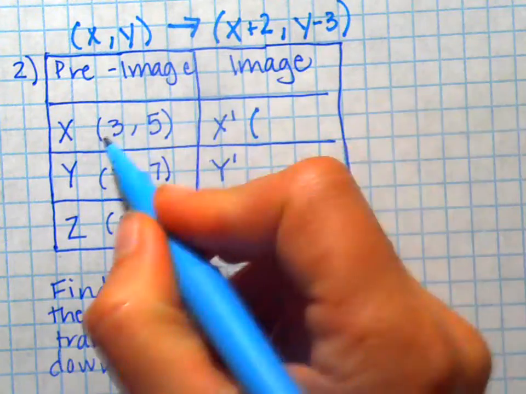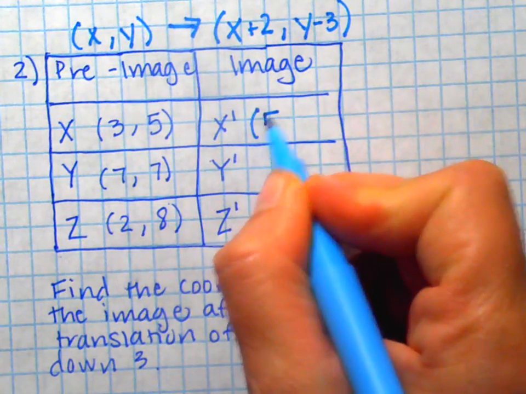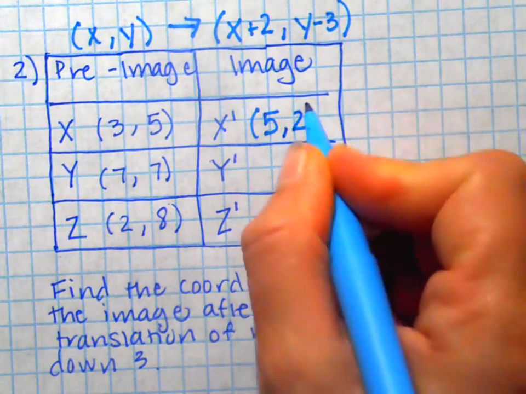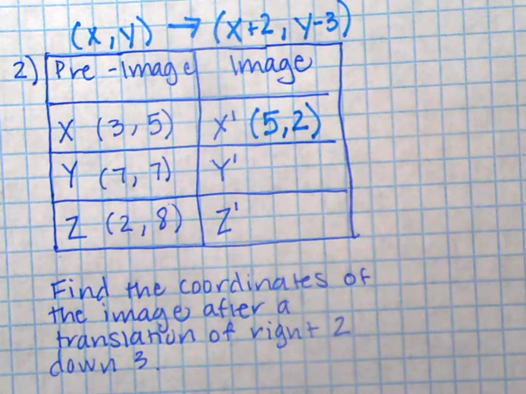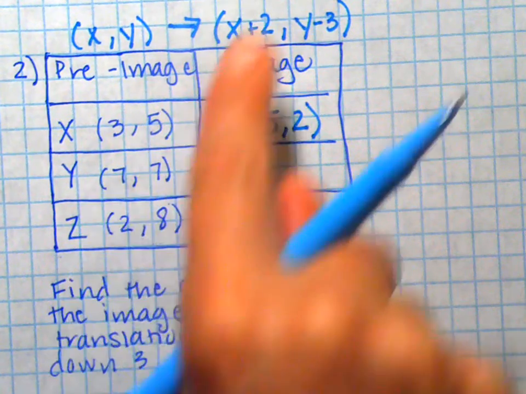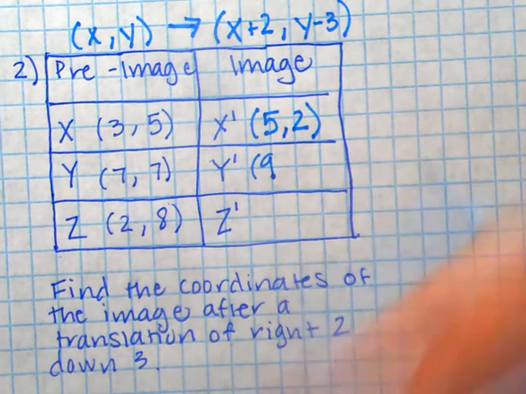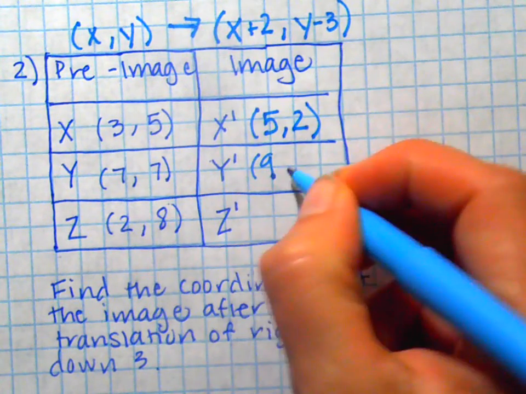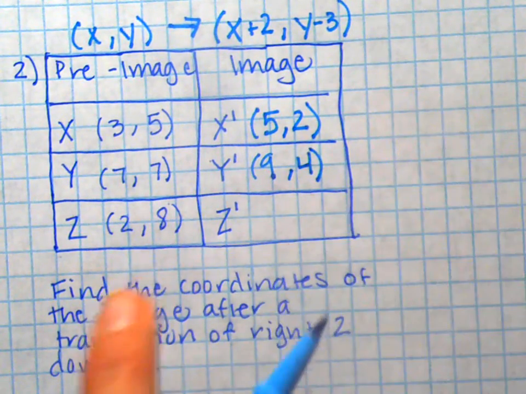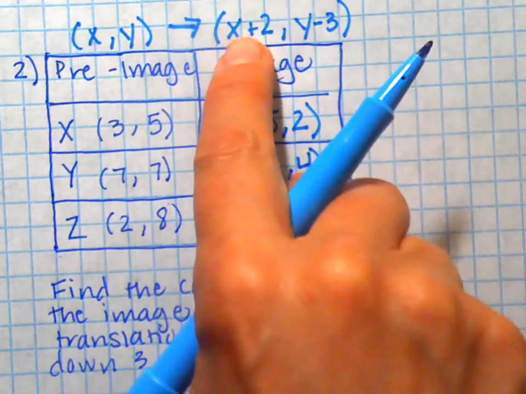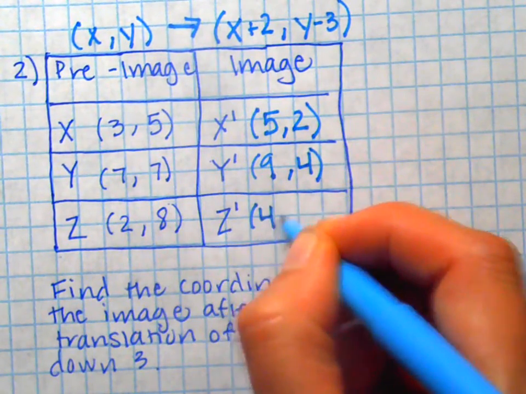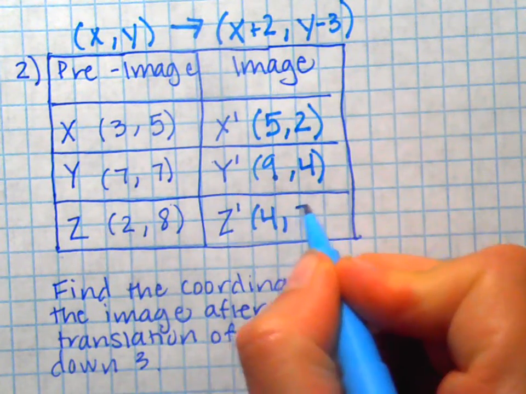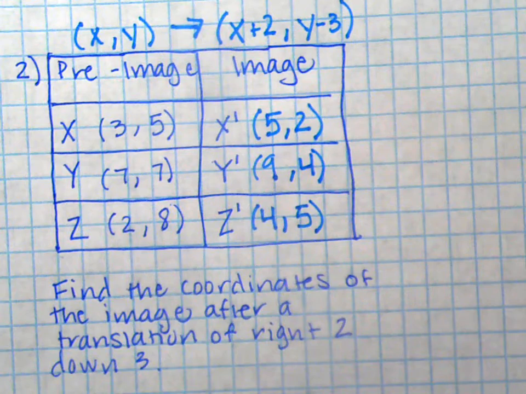X plus 2, 3 plus 2 is 5. 5 minus 3 is 2. 7 plus 2 is 9. 7 minus 3 is 4. 2 plus 2 is 4. 8 minus 3 is 5. There you go.